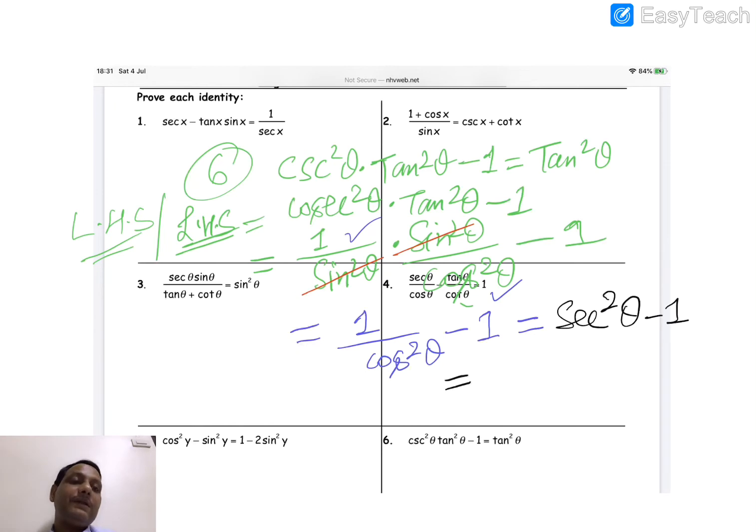So finally you are going to get, as I told you, sec square theta minus tan square theta is equal to 1.